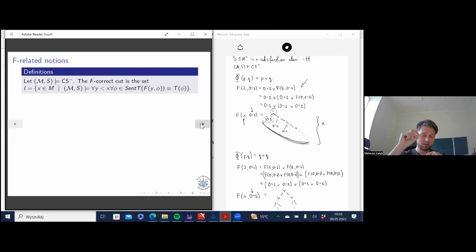However, on numbers which are arbitrarily close above this cut, it might misbehave.